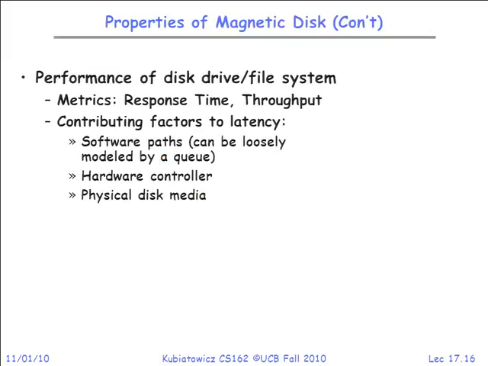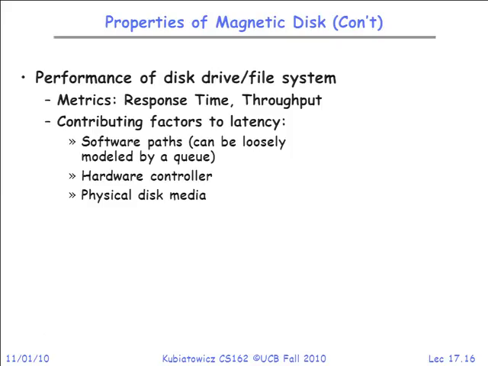Throughput is a different thing. It's how many bits per unit time can I get off the disk? So somebody tell me, what's the way to get the highest throughput of data off of a disk? Yes? Never write more than one track, so you never have to write ahead. Okay, let me take what you said and just say never move the heads. And what else? Yeah?